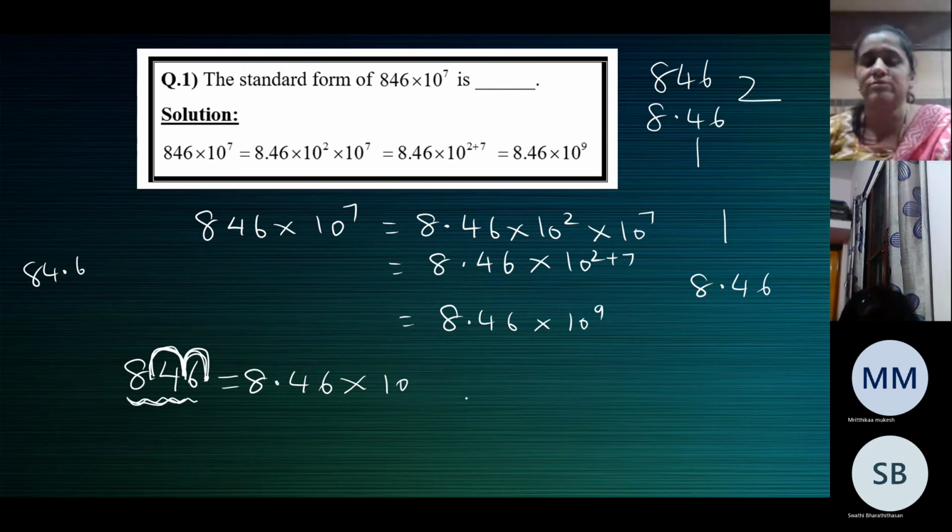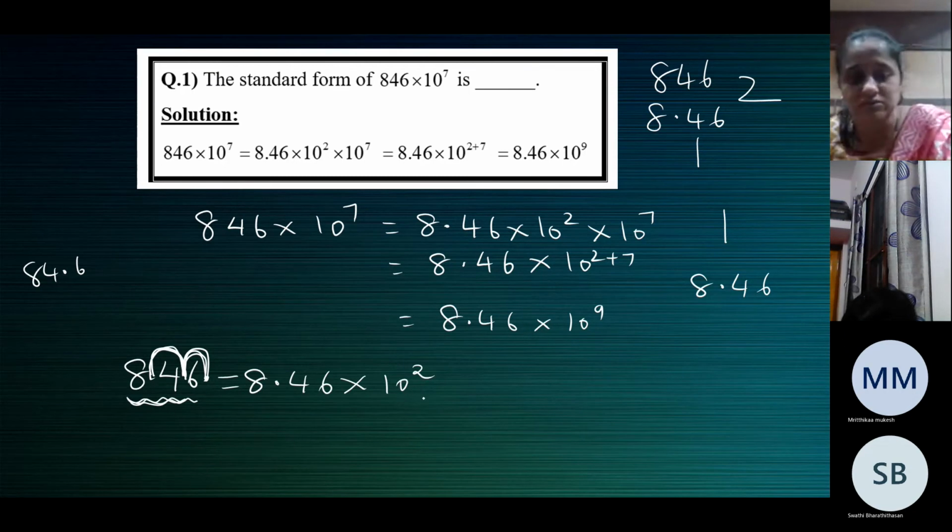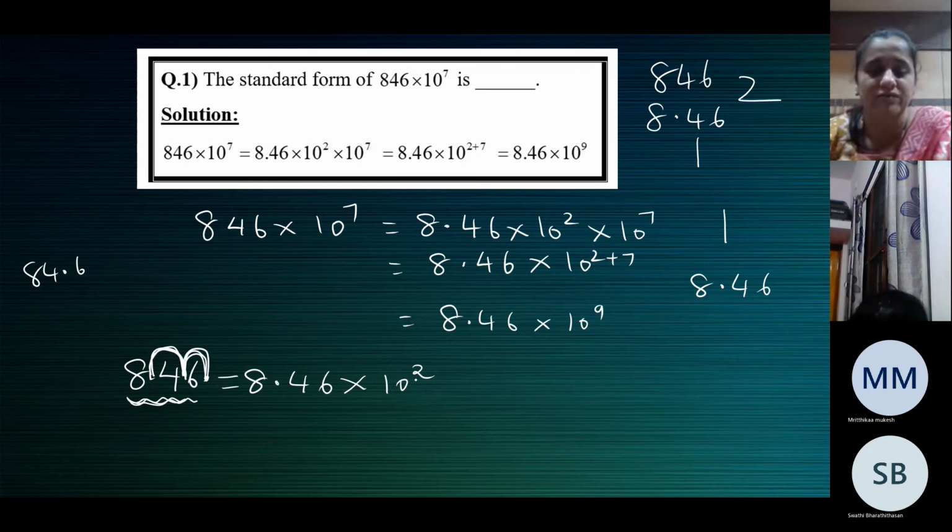So raise 10 to a positive 2. If you increase the value of the number by shifting the decimal point, you must raise 10 to a negative power. If you increase the value, negative power. If you decrease the value, positive power.